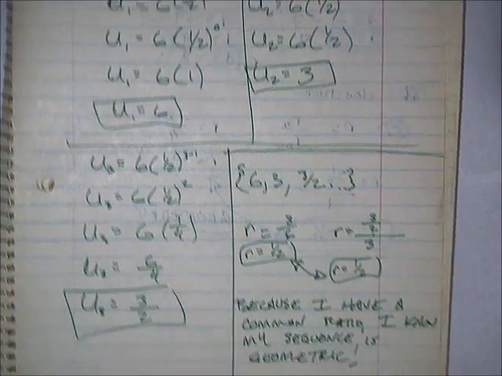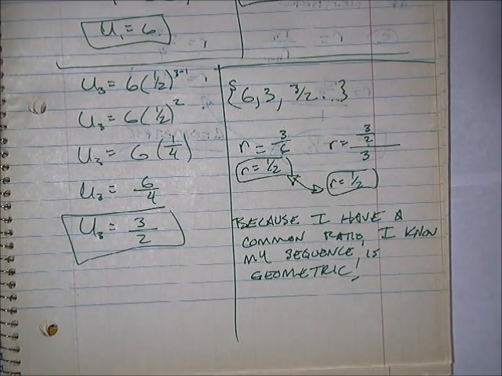It's a geometric sequence. And that's what proving this stuff really looks like. So when I ask you to prove that a sequence is geometric or arithmetic, that's what I'm looking for you to do. I'm looking for you to go through and show me the sequence, show me that it has a common ratio, or show me that it has a common difference D.